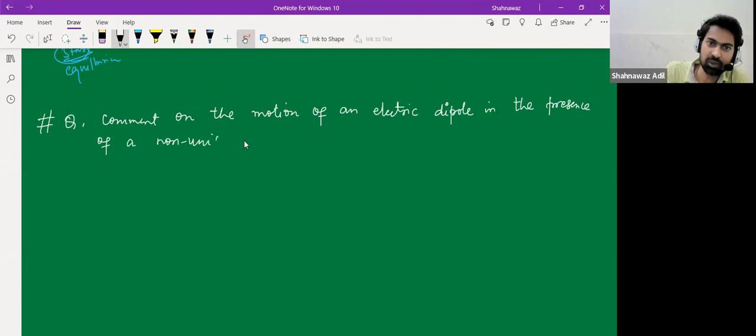Whatever we were doing up to now was in a uniform electric field. But this question is about a non-uniform electric field.